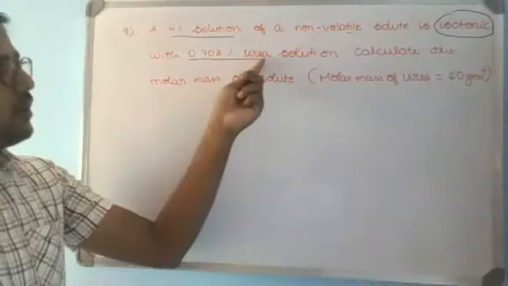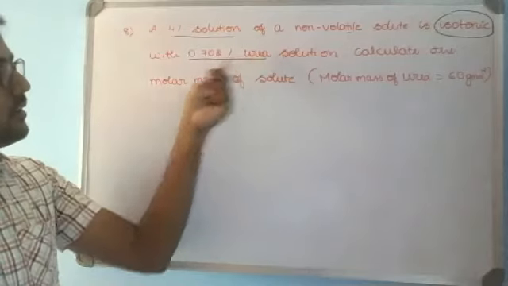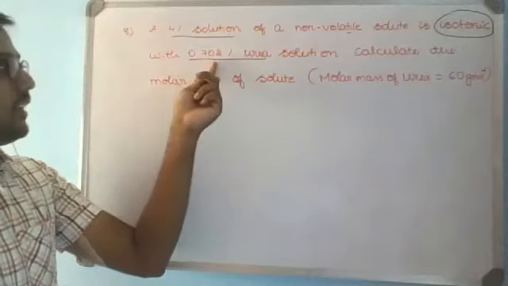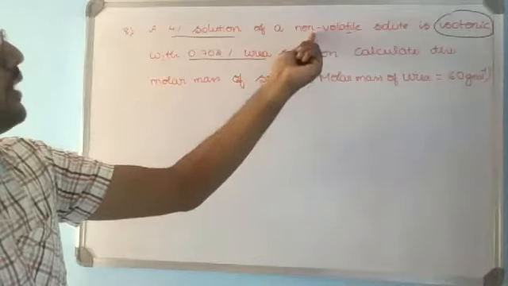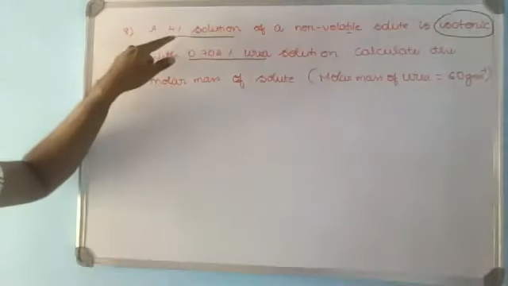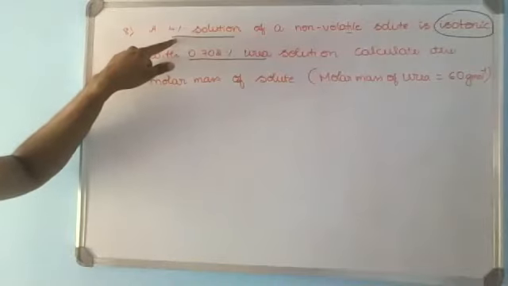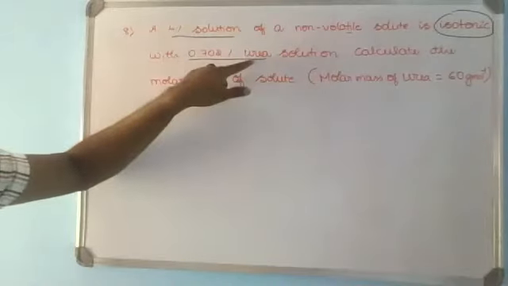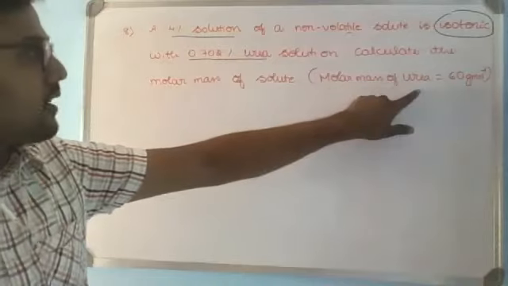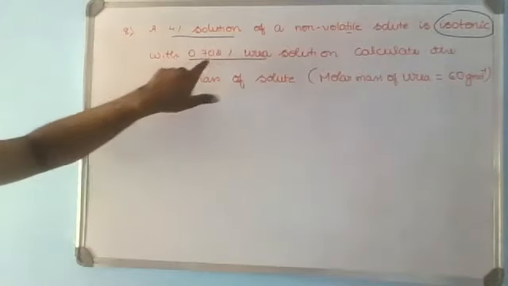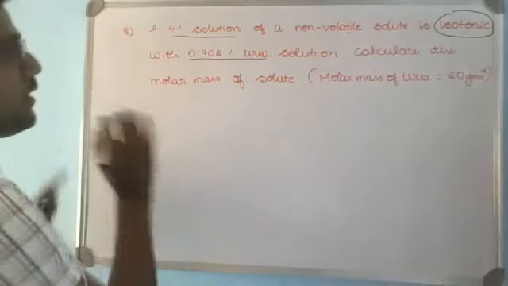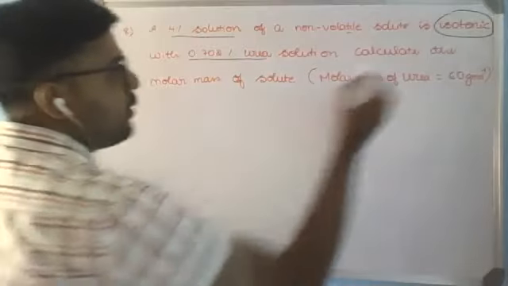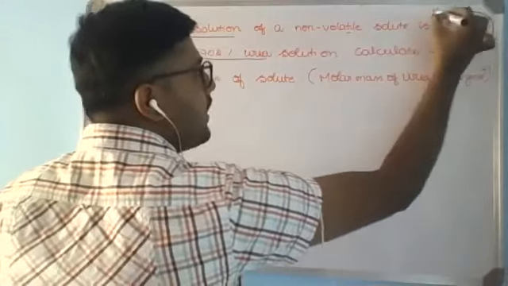One is a known compound, that is urea, with 0.702% in a solution, and another one is an unknown non-volatile solute whose percentage present in the solution is 4%. As urea is known, its molar mass is given, so we can consider the mass in 100 grams of the solution as 0.702 grams.